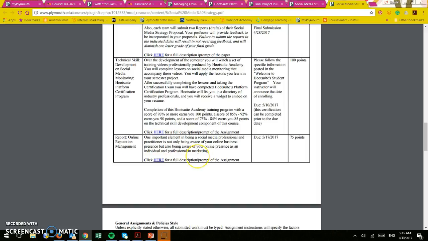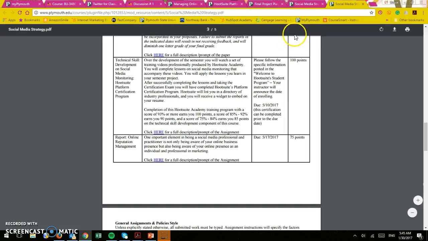This report is very important, and it's going to come in handy also as you graduate from class. I know there are many seniors and juniors taking this class, so this is a good moment to start taking care of your online reputation and how you handle yourself on the different social media sites. This is going to be an analysis of what you do.